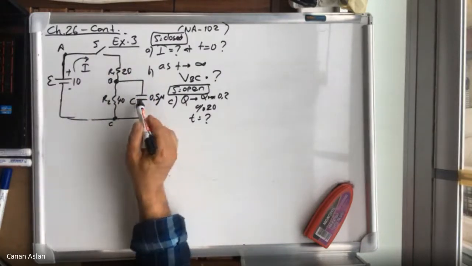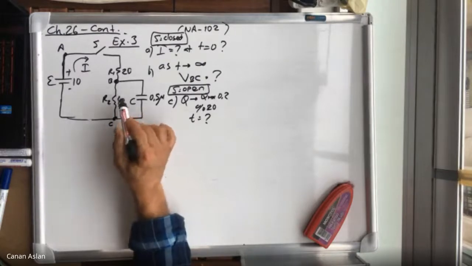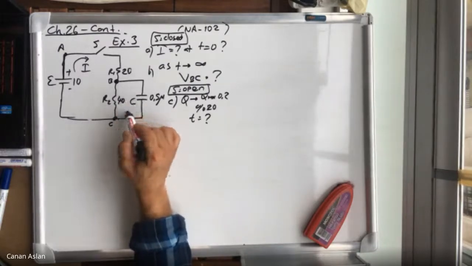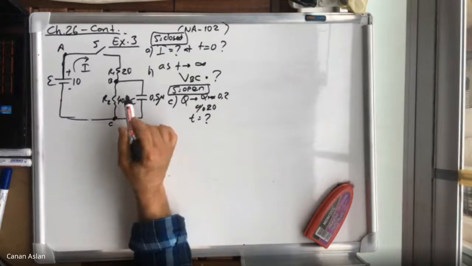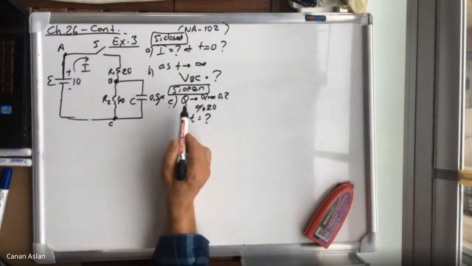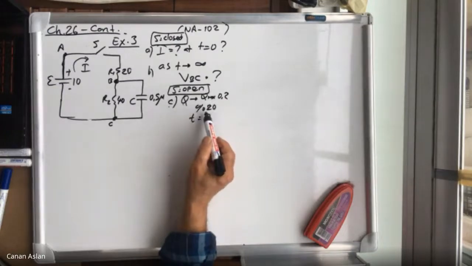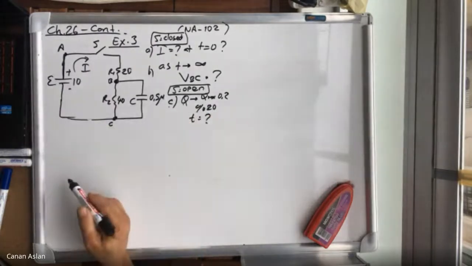So the capacitor will be discharging through this resistance, losing its voltage or charge through a current, probably in the reverse direction. But the question is, at what time does the charge go down to 20% of its original value, which is the maximum value? Okay, so this is what we would like to do now.